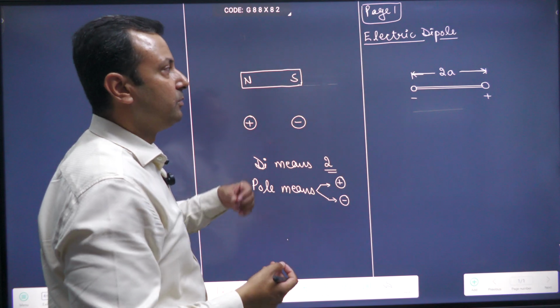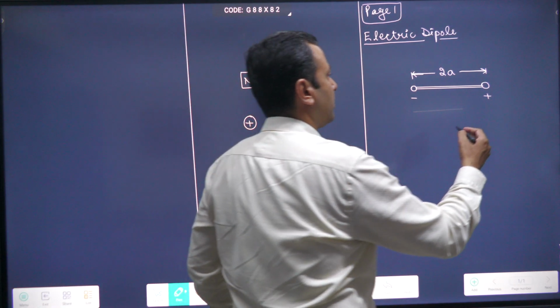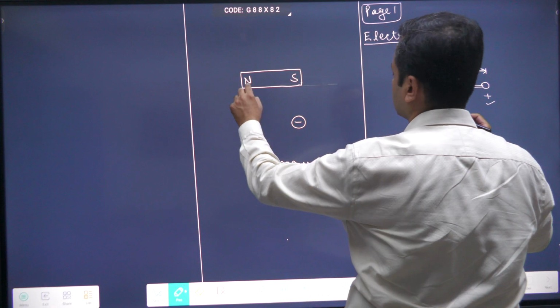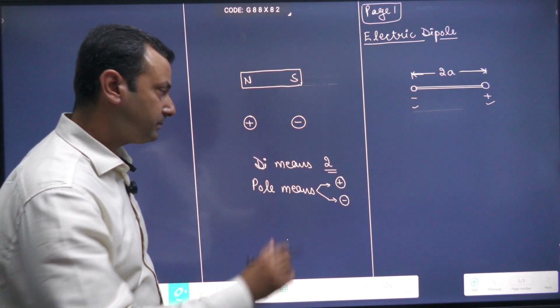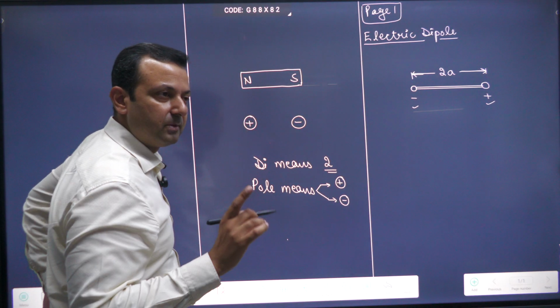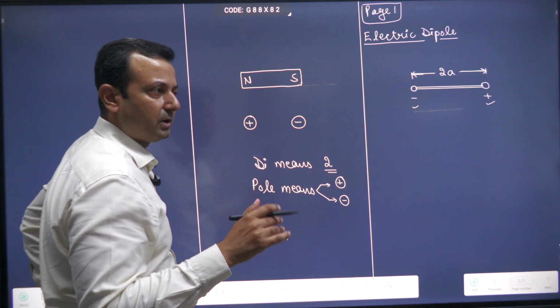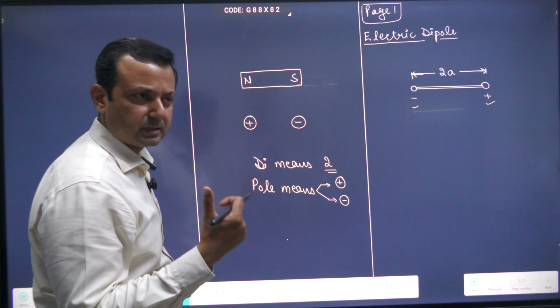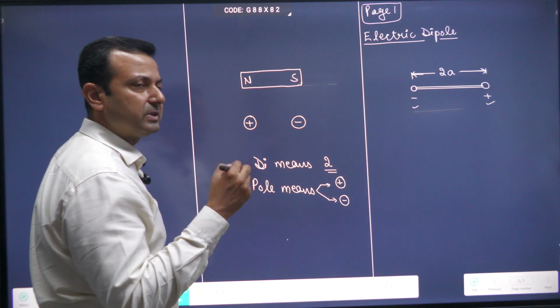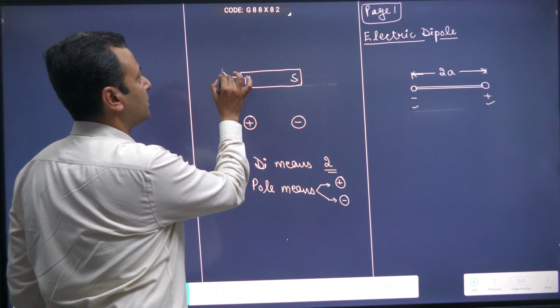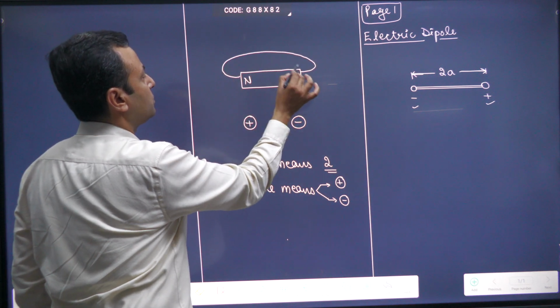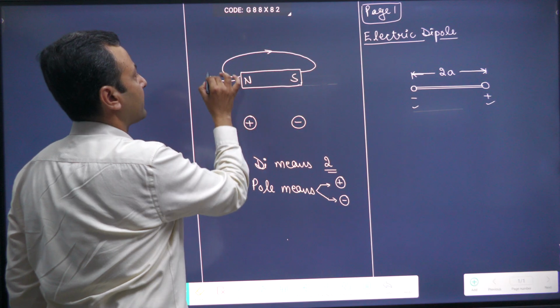Just like that, we are comparing this positive charge with the North Pole and this negative charge with the South Pole. Why? The reason is this: you have studied in class 10th that magnetic lines of force always originate from North Pole and go to South Pole, like this.